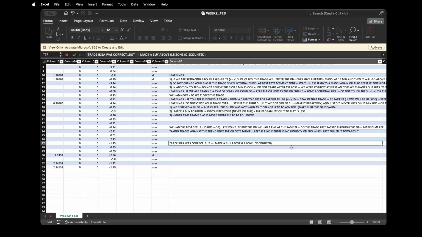The second mistake is I never waited for any confirmation to happen at the order block in the lower time frame. These are the only two issues that I see. If I would have waited for the confirmation, I would have just not traded this.